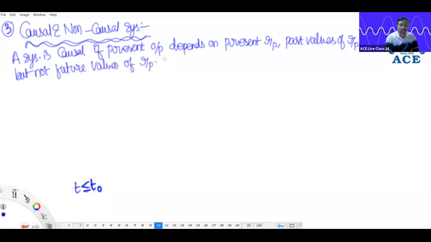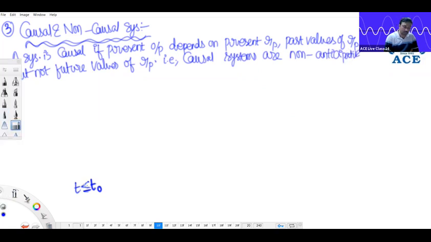That is, causal systems are non-anticipative. Non-anticipation means they will never respond to future inputs.